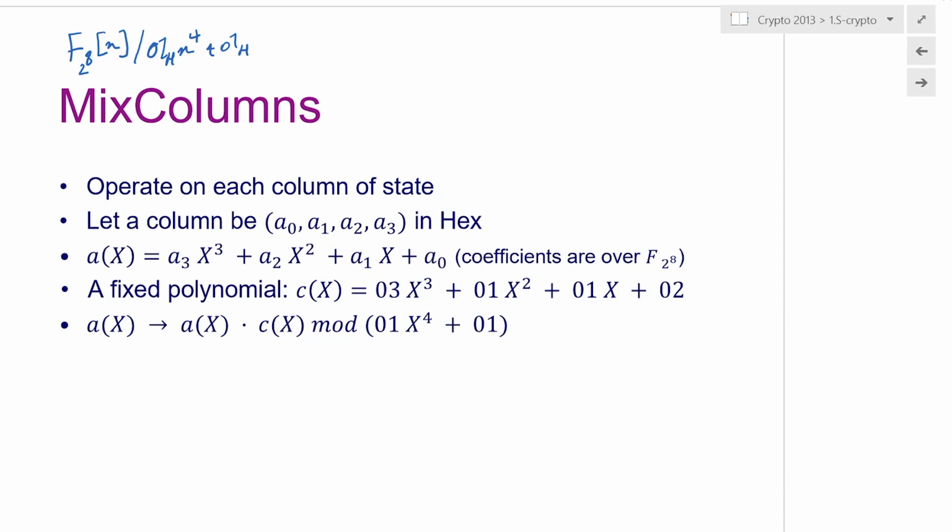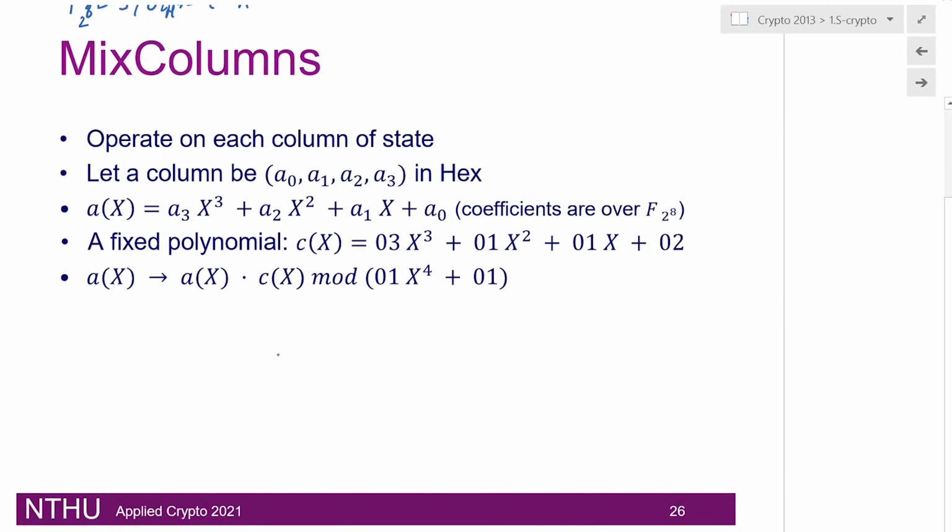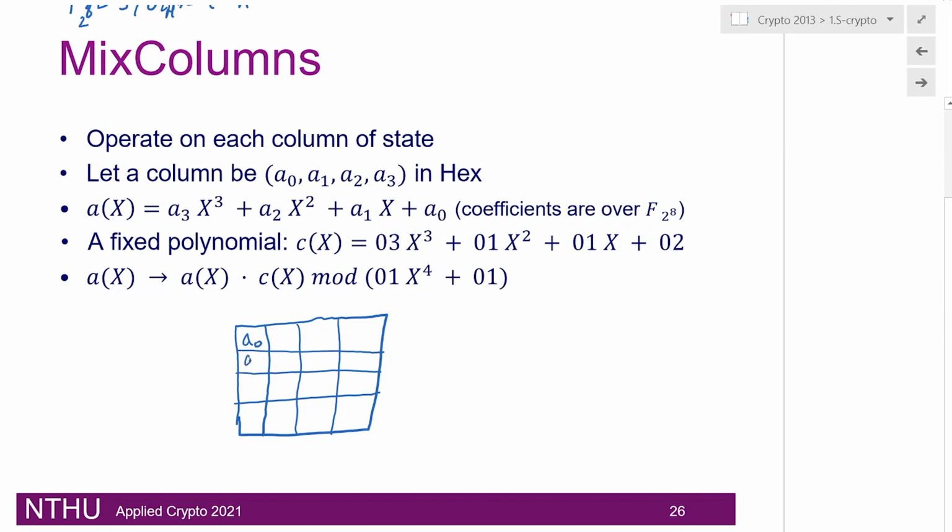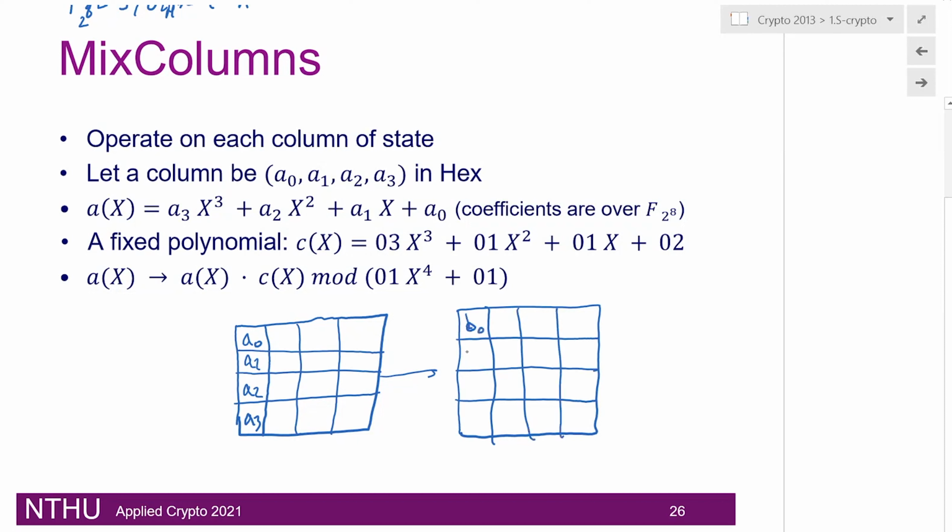What we are trying to do over here is represent every word in this matrix as if this one is A0, A1, A2, and A3. I want to convert this one to the corresponding state with values B0, B1, B2, and B3. So let's see how we do that.